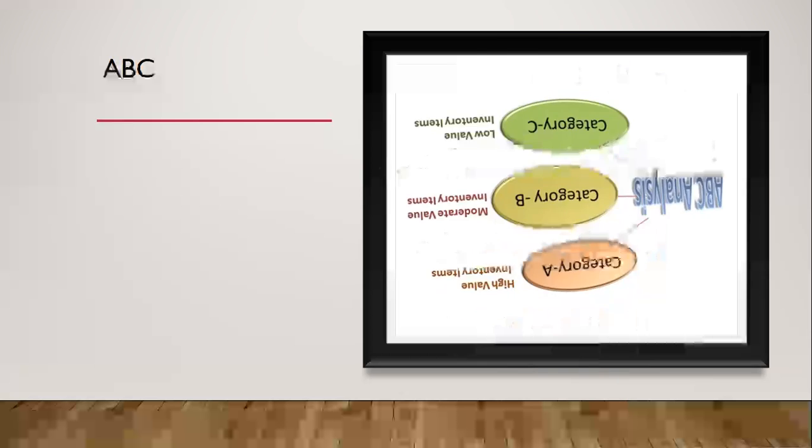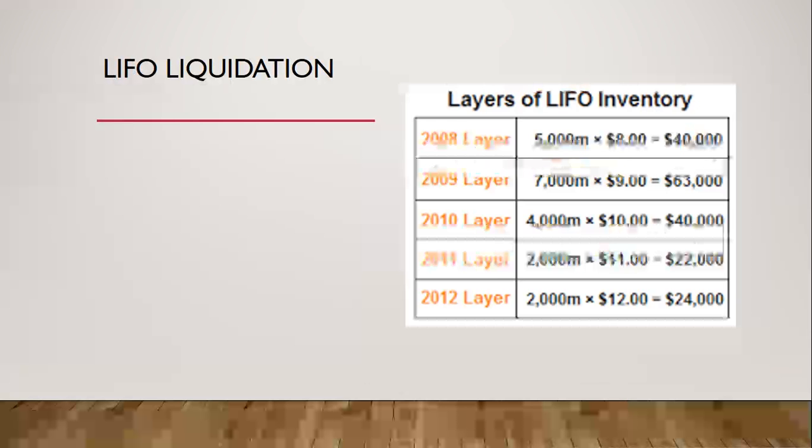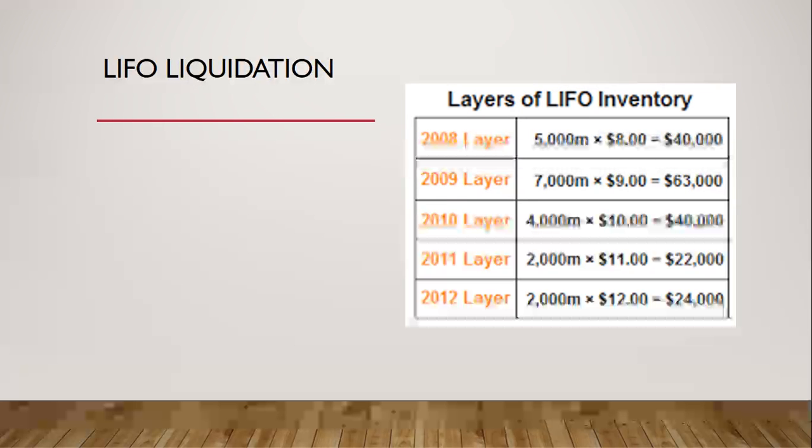That's very easy. For the next one, we have LIFO liquidation. LIFO liquidation occurs when a company using the LIFO inventory valuation method sells all of its old stock of merchandise or raw materials inventory. In other words, it occurs when a company using the LIFO method sells or uses more than it purchases. LIFO liquidation causes distortion in operating income and may become a reason for a higher tax bill in the current period.